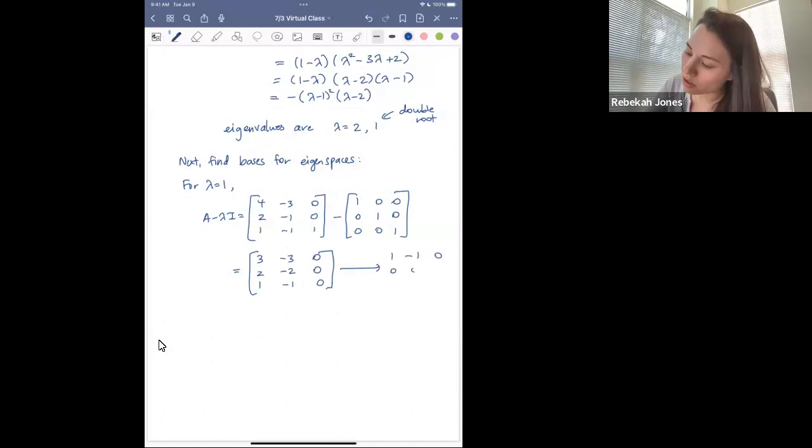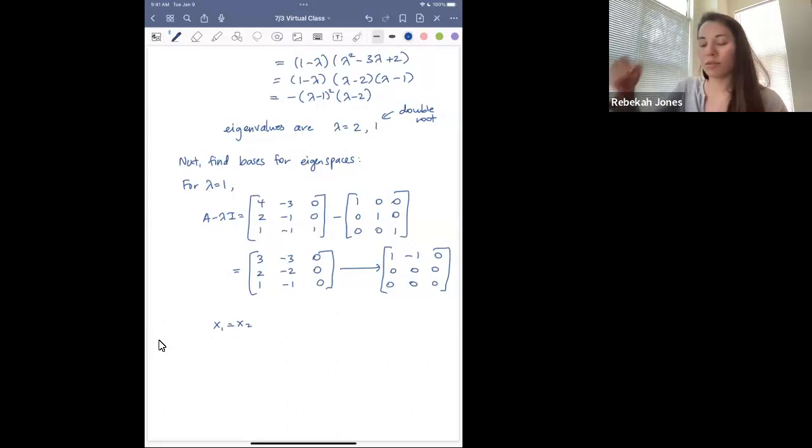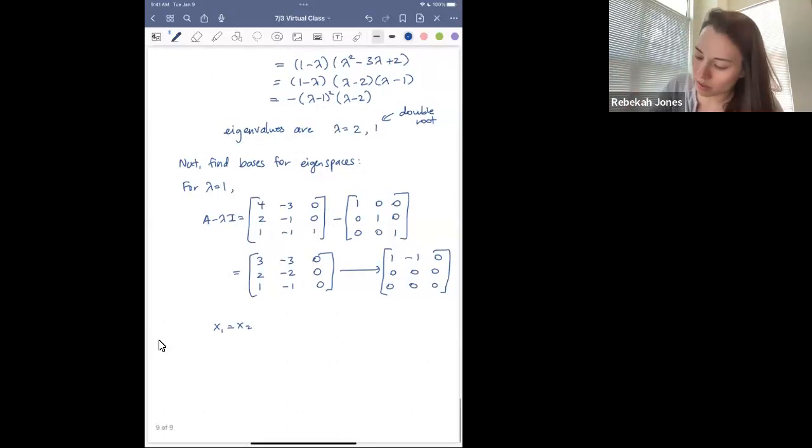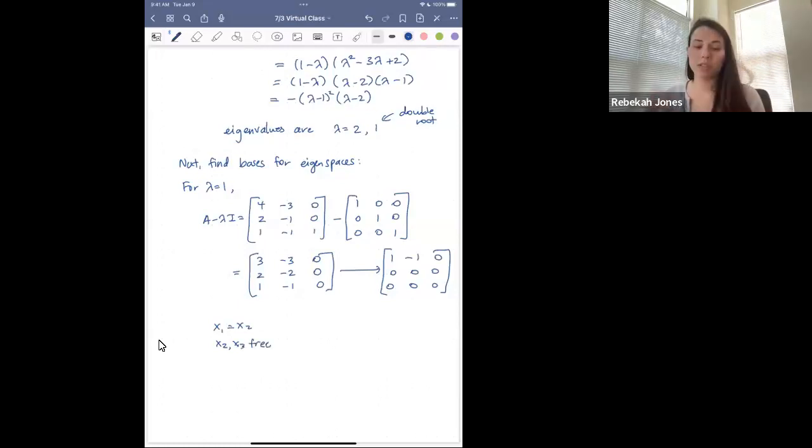And then the other two are all zeros now. Okay. And so the homogeneous solution will be x1 equals x2, and we have 2 free variables, right? x2 and x3 are free, which is good. That means that our basis is going to have 2 vectors in it.